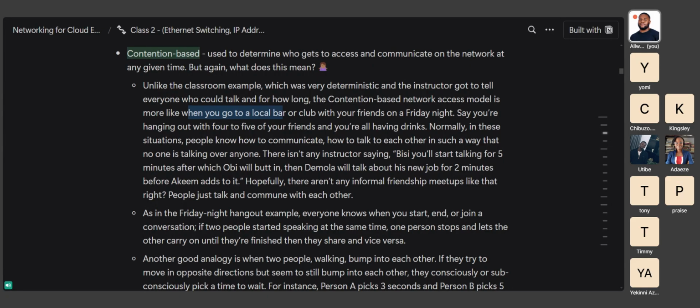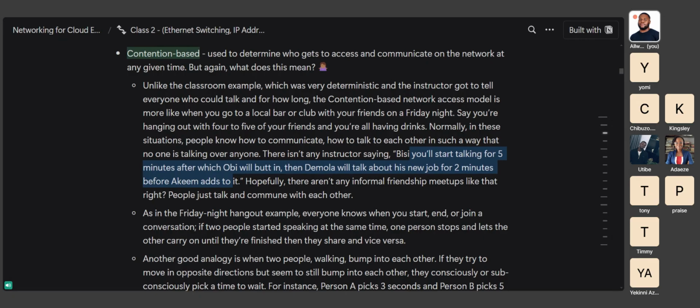Say you're hanging out with 4 to 5 of your friends and you're all having drinks, you're all chilling. Normally in these situations, people know how to communicate, how to talk to each other in such a way that no one is talking over anyone. There isn't any instructor saying, BC, you start talking for 5 minutes, after which Obi would chip in. And then Demola will talk about his new job for 2 minutes before Akim adds to it.